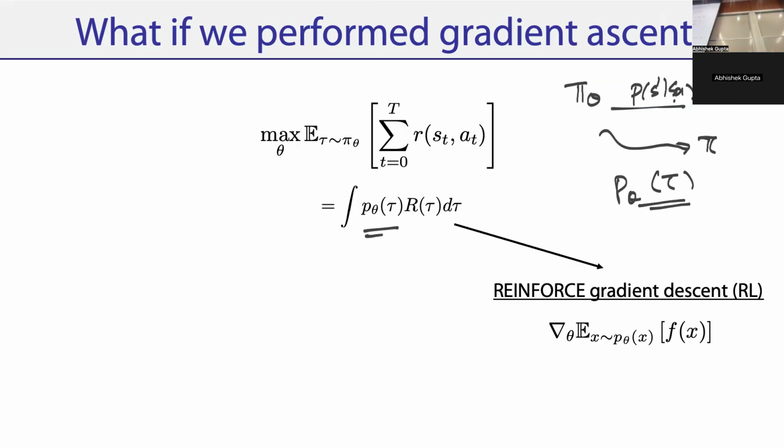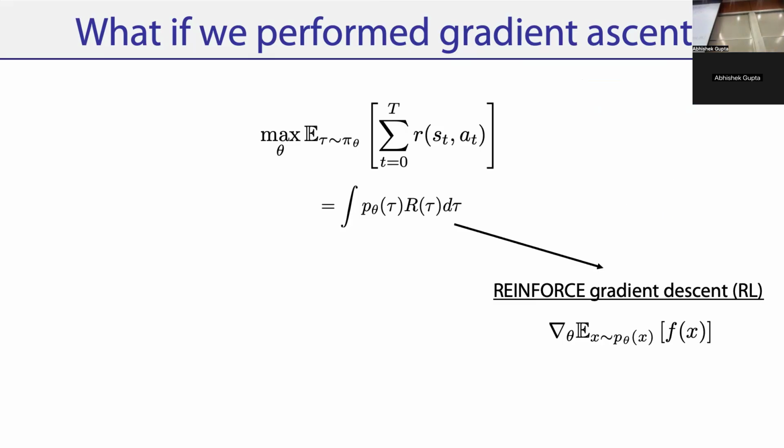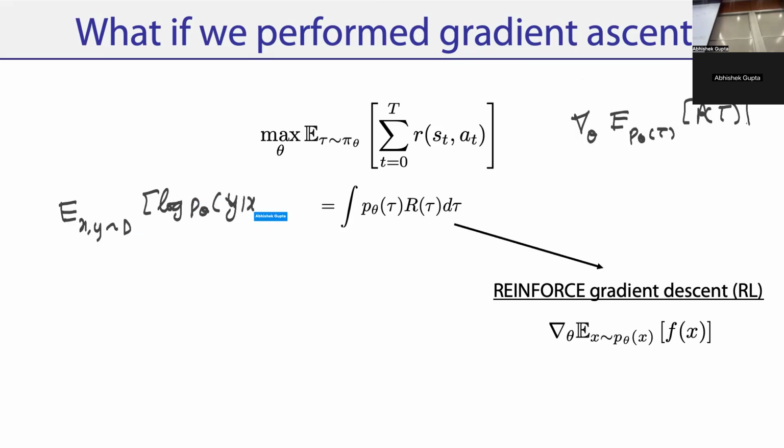But if I think about this problem, grad theta of p theta tau of r tau, there's a little bit of subtlety here. Let's think of a supervised learning problem like we did in behavior cloning, right? We said we were going to take x, y from D and maximize the likelihood of y given x. Again, we had a similar maximum likelihood problem.